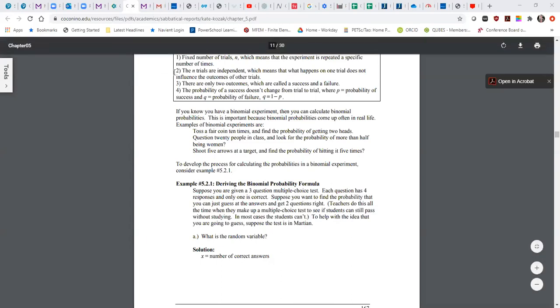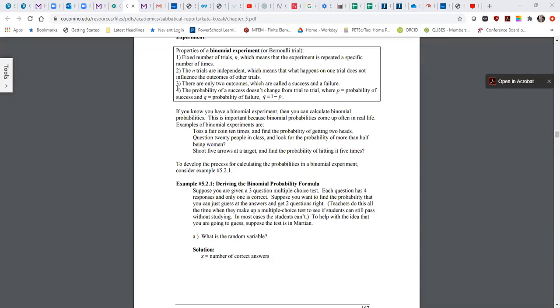So there are four properties for the binomial distribution. You have a fixed number of trials, you have independent trials, and you have only two possible outcomes.